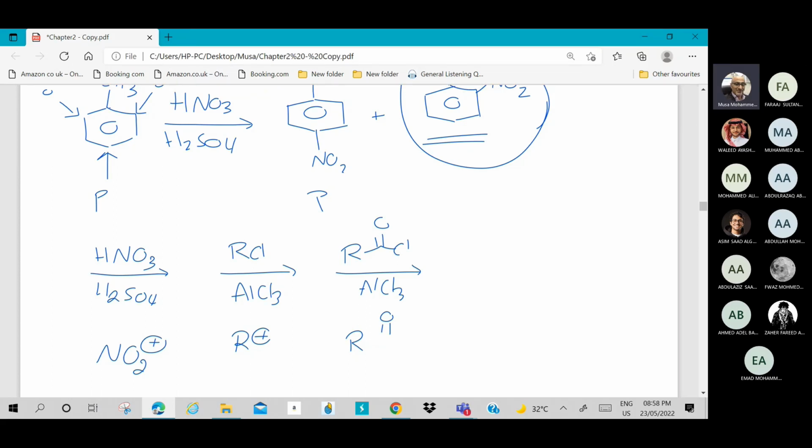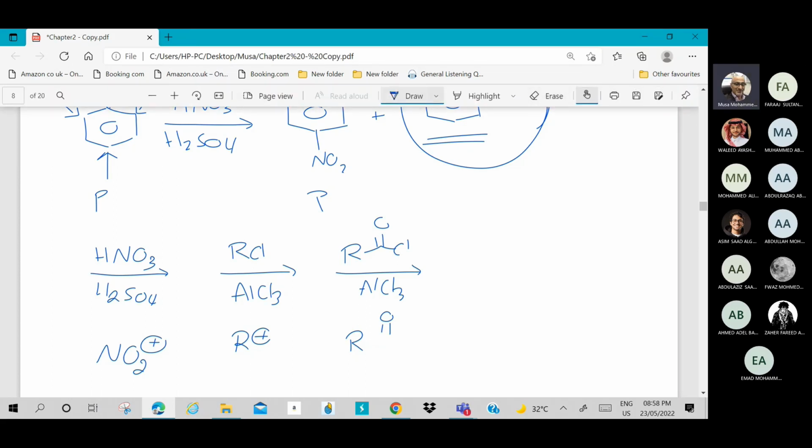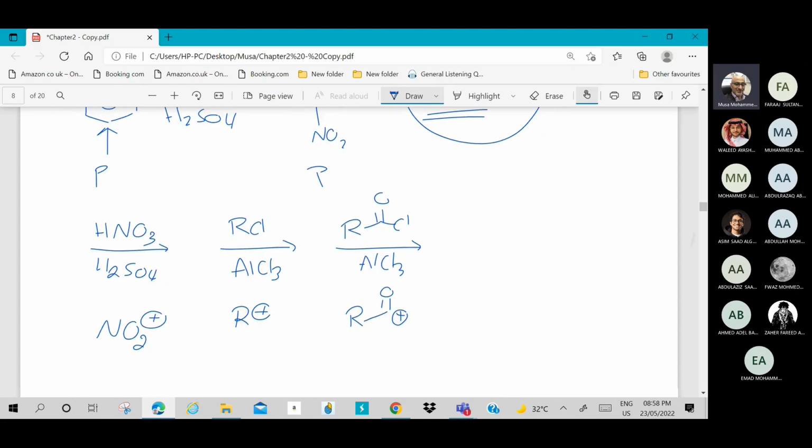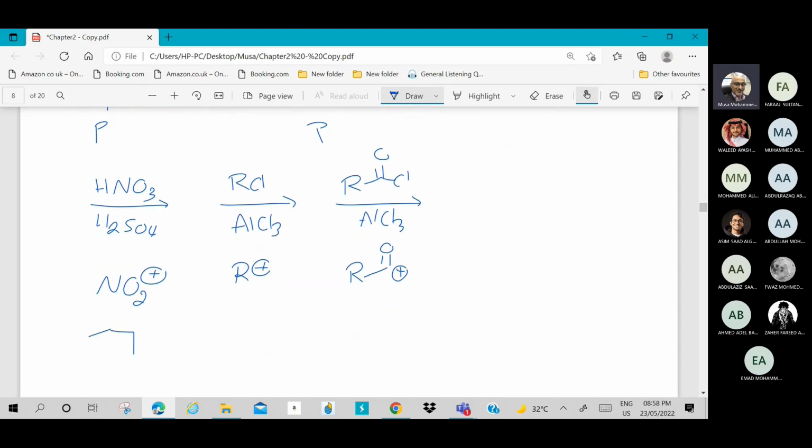Okay, so this one has a positive charge here. So finally, the product here is going to be a nitro group. The product here is going to be an R group, and the product here will be C double bond O R.